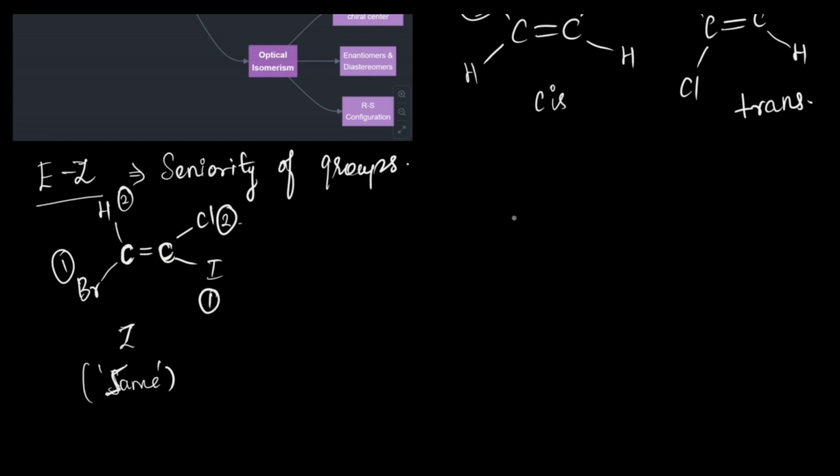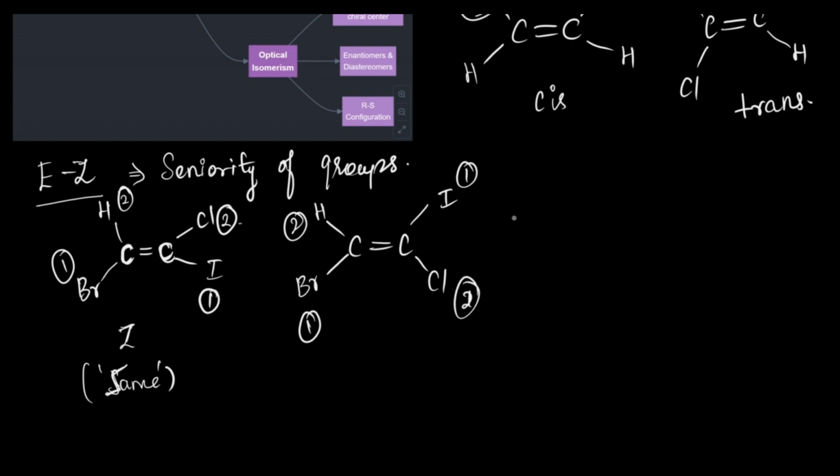So if that is on the same side, then that is Z. If the high priority groups, the senior groups, are on the opposite side, then that is E. This is 1 and this is 1 which is on the opposite side. Then that is E. E for opposite side.